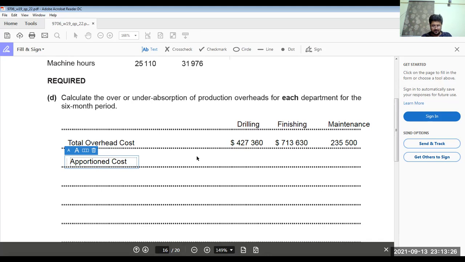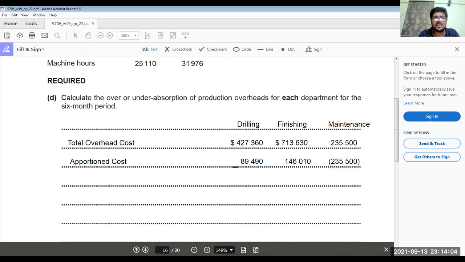Okay, now we are working on real figures. 235,500 multiplied by 38%, 89,490. And here 235,500 multiplied by 62%. The answer is 146,010. Done. And maintenance cost is 235,500.